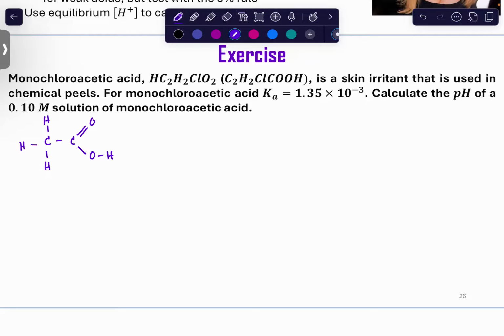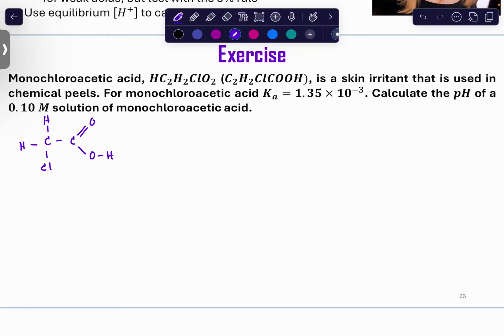Where will that happen? It can't be on the carboxyl group or else it won't be an acid anymore. So your chlorine is going to have to replace one of these hydrogens.